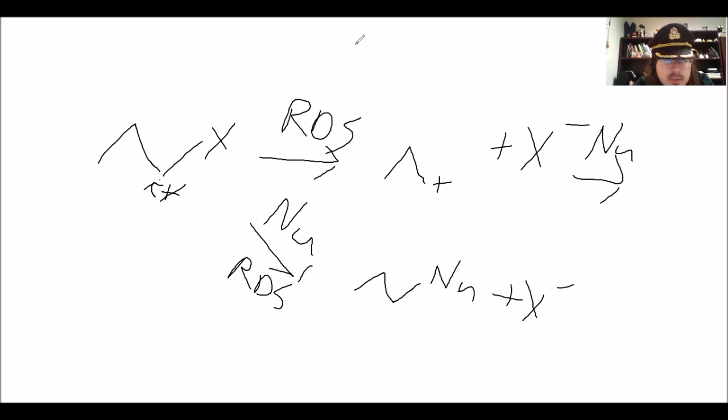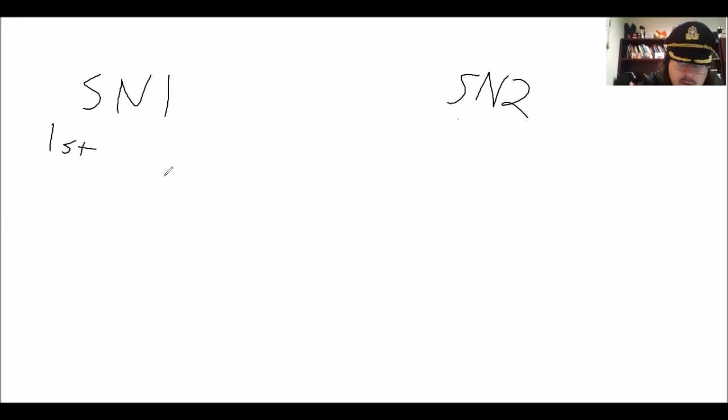So how do we separate these two? Well, what are some properties of SN1 versus SN2? We already said this is a first order, this is a second order. For SN1, the nucleophile is generally a weak nucleophile, the same way as you might have a weak base. Something that is not particularly polar, maybe doesn't have a ton of electrons, maybe isn't super electronegative.